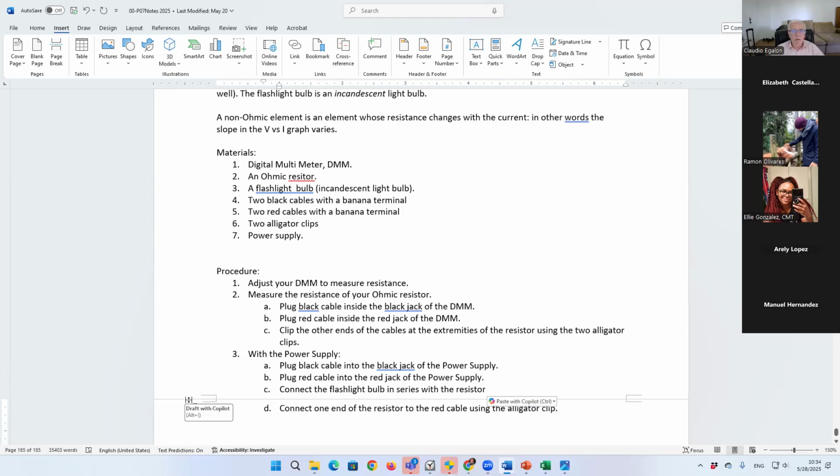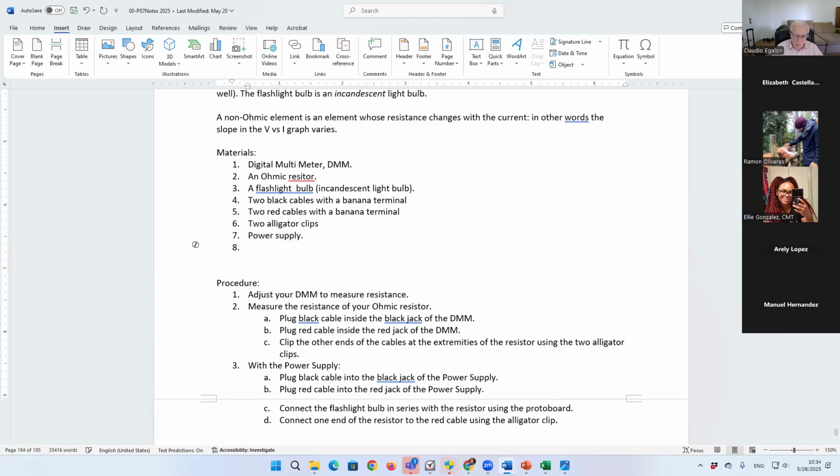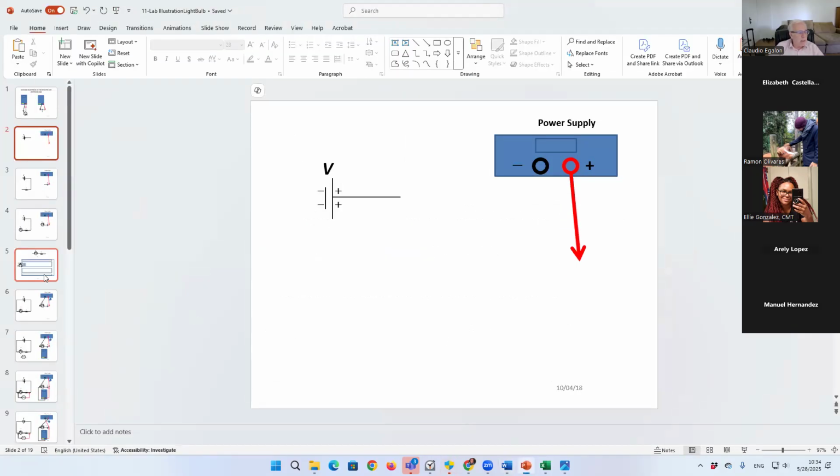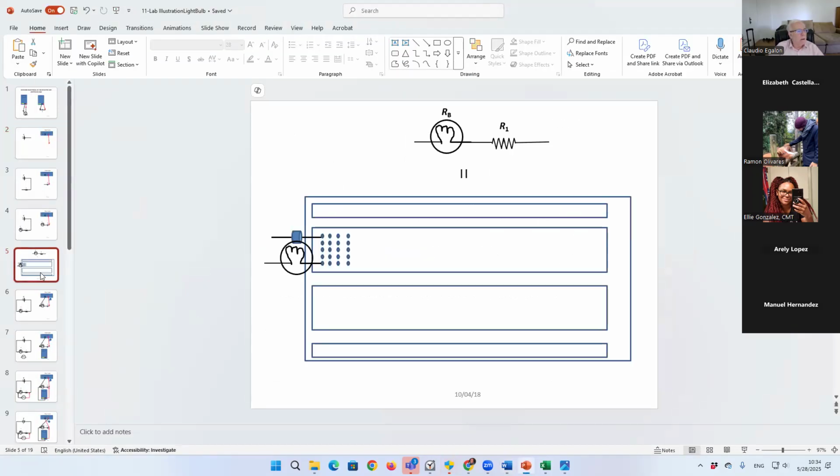Connect the flashlight bulb in series with the resistor using the protoboard. And now I can add here to the list of materials the protoboard. Connect the flashlight bulb in series with the resistor using the protoboard. And that's the protoboard right in here.